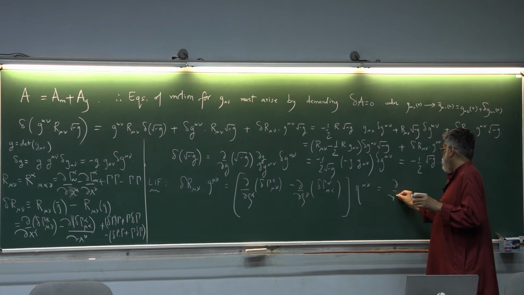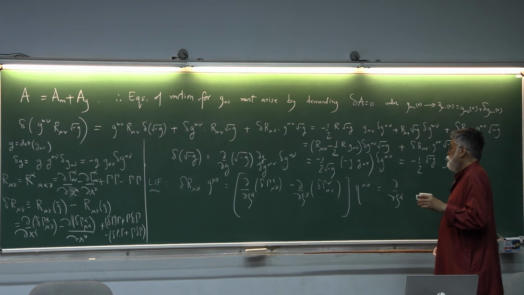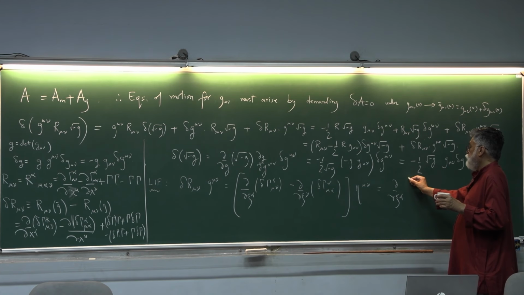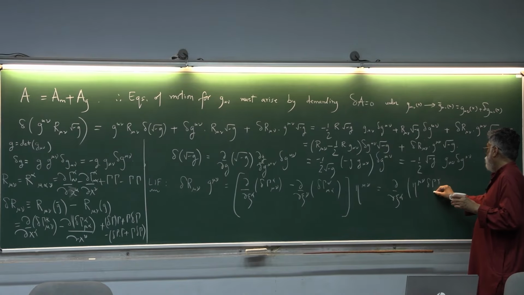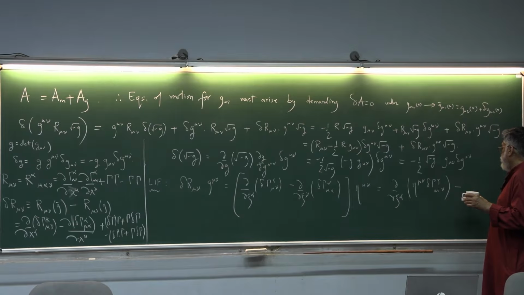So this becomes del by del xi alpha of eta mu nu minus, there's something I should have mentioned, but let me first write it down. Eta mu nu has gone.